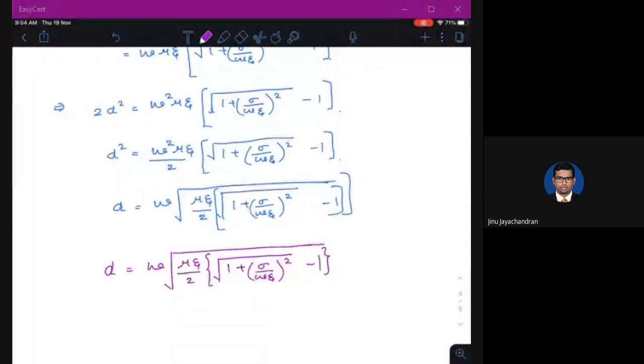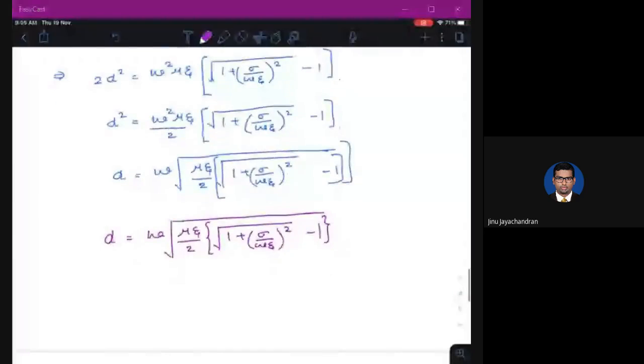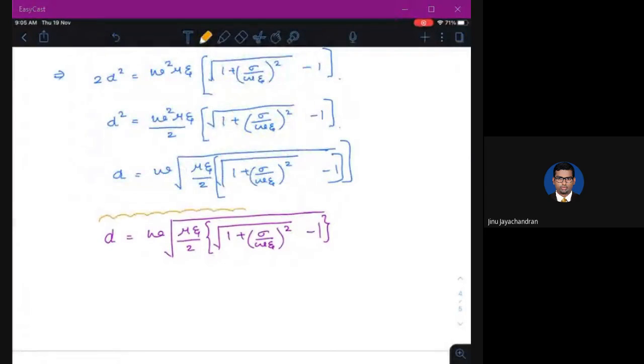And this is the general form of the attenuation constant.